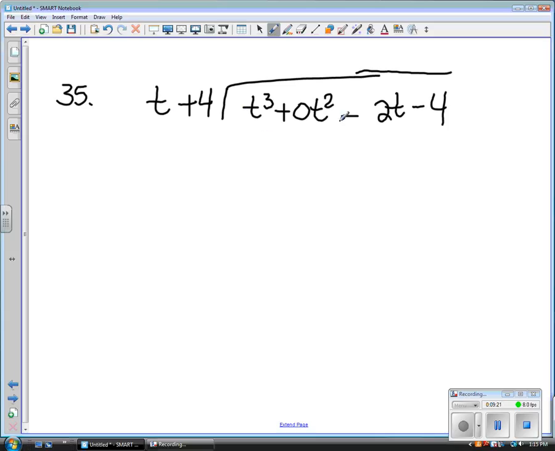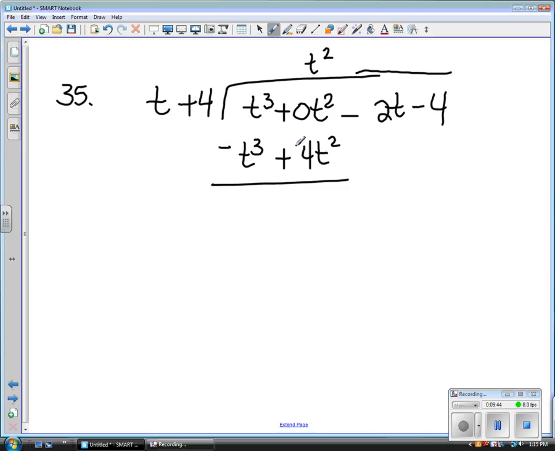Okay, if you didn't have that t squared there, where are you going to put it? Okay, you don't have a spot reserved for it. So I'm going to put it here. So t squared. So t squared times t is, and t squared times 4. Alright. Then I'm going to subtract.